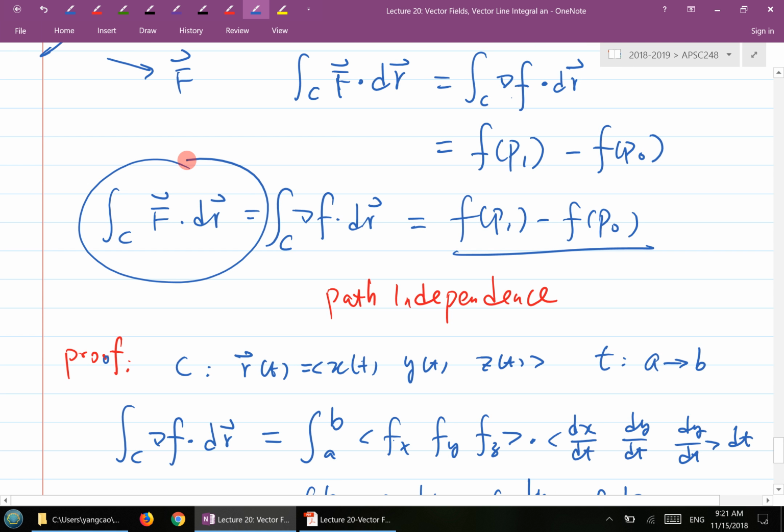But if you use this theorem, you can get an answer right away. So that's why you have to be able to identify it. How do you identify that you can use this theorem? When this F is equal to del f. Is that clear? We'll emphasize this a little bit later, but just for now.